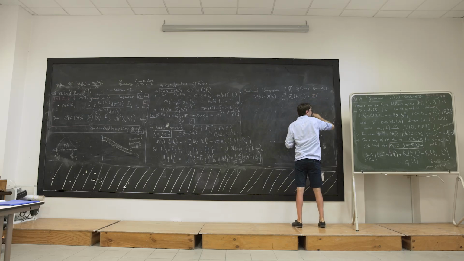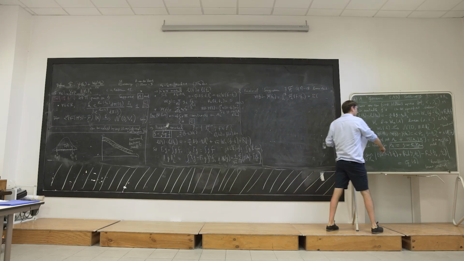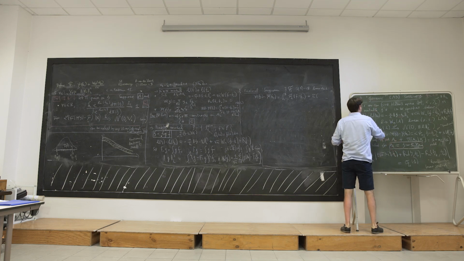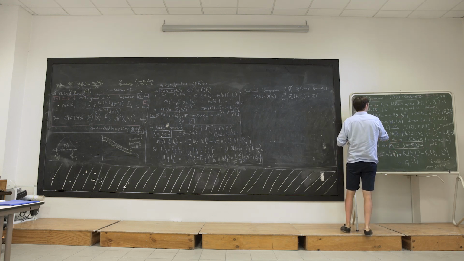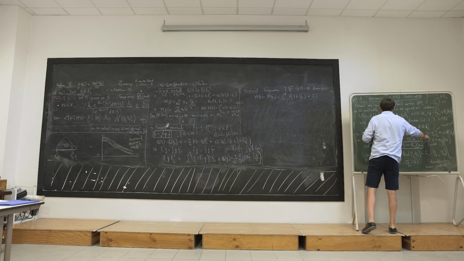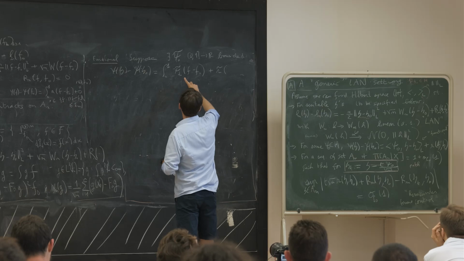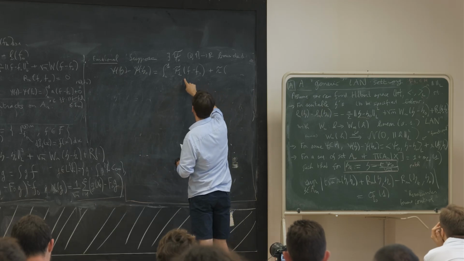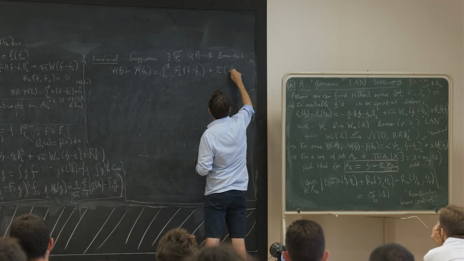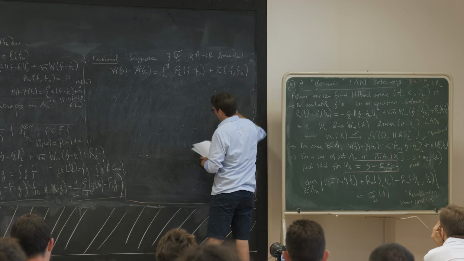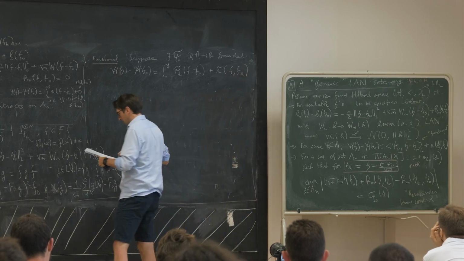So here the remainder is not exactly the same as the one which I wrote here, just because here it's not a bracket, it's not an inner product with eta minus eta naught. You still want to write it in terms of the LAN norm. Okay, so it's another slightly different remainder.